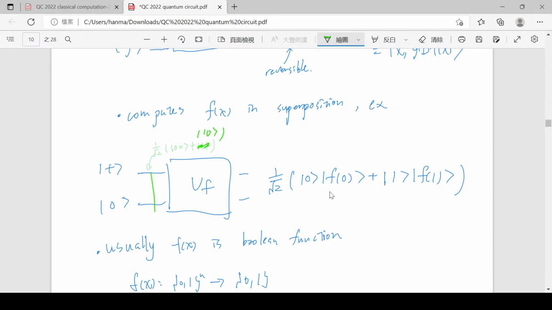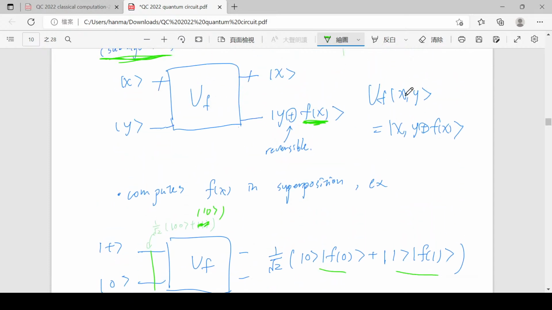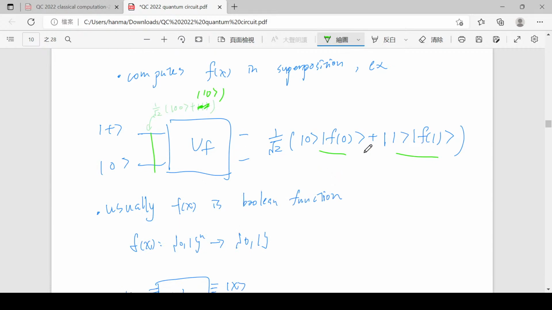What computing in superposition means is the output state will become, well, now we can do this computation here. So |0, 0⟩ becomes |0⟩ and 0 ⊕ f of 0, so that's just f of 0 here. And |1, 0⟩ becomes |1⟩, and y is still 0, and it's just f of 1. Okay. So you see that you have this entangled superposition of f of 0 and f of 1 both getting computed. Okay?